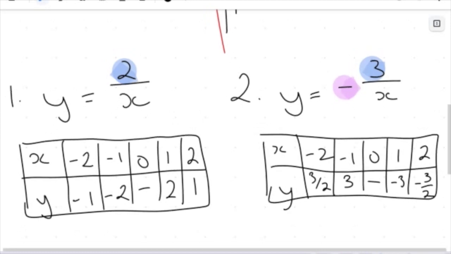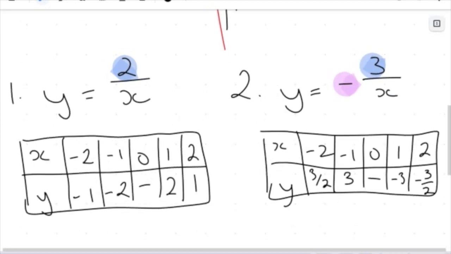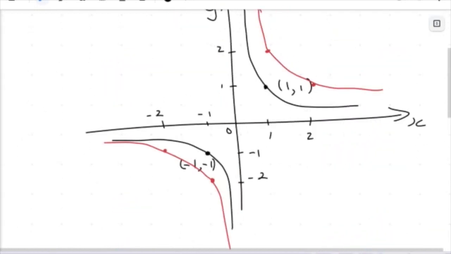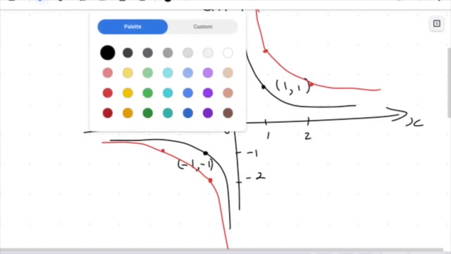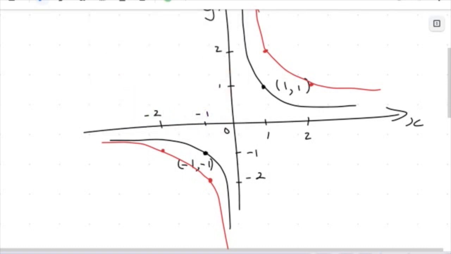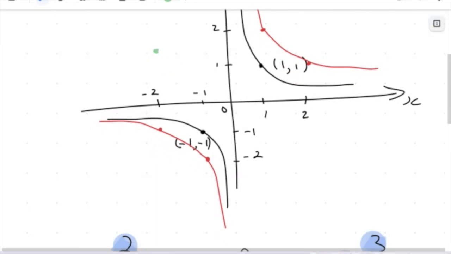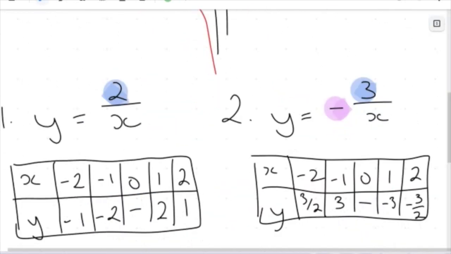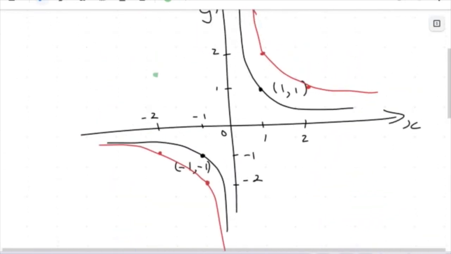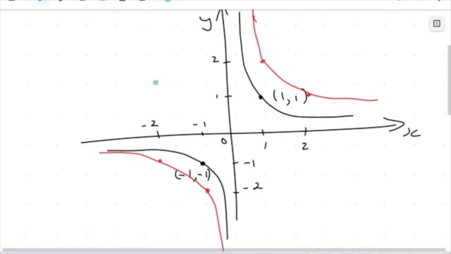Okay, let's draw in some of these points. When x is -2, y is 3 over 2, or 1.5. So that's going to give us something up here. Okay, when x is -1, y is 3. So that's going to be like up here.